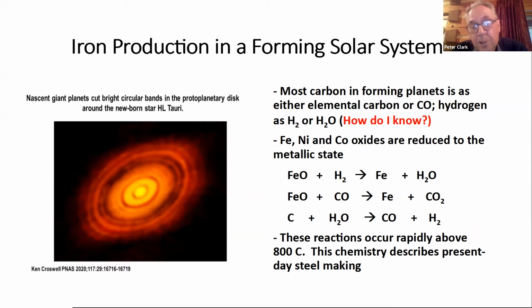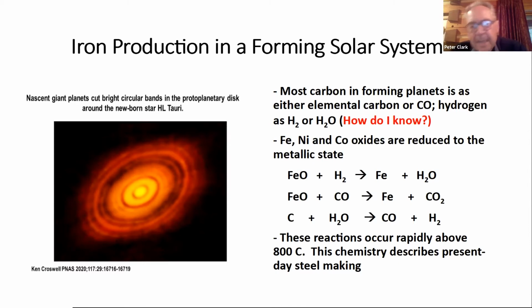But we can say for sure, and I've got in red there, I've made the statement that there's elemental carbon reacting to form carbon monoxide and hydrogen, as hydrogen or water. How do I know this? Well, I can easily ascertain this by just thinking about the bond strengths in the various molecules in relation to the temperature, which I've said is around 1500 C, but also using Boltzmann's methods with help from other thermodynamicists, Gibbs, who put together all of the necessary information to calculate precisely a system at equilibrium.